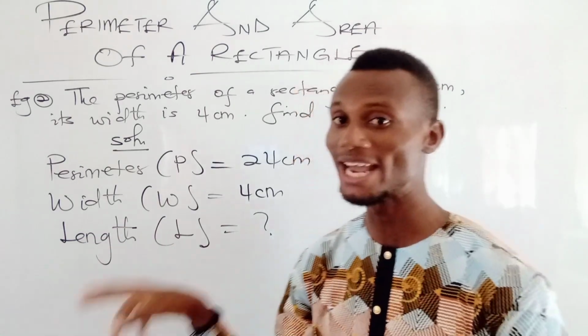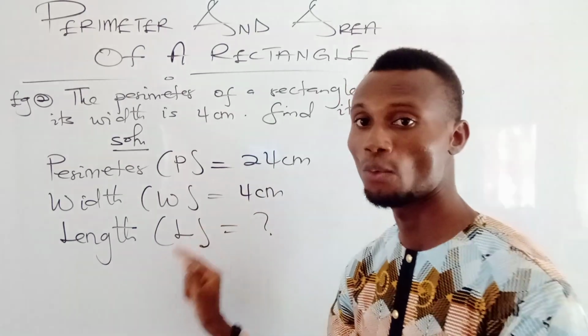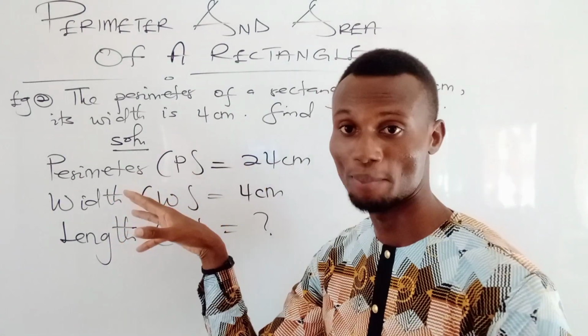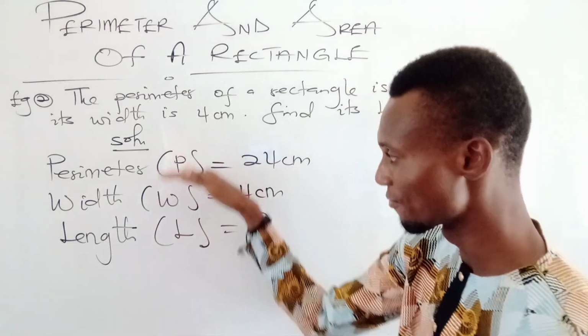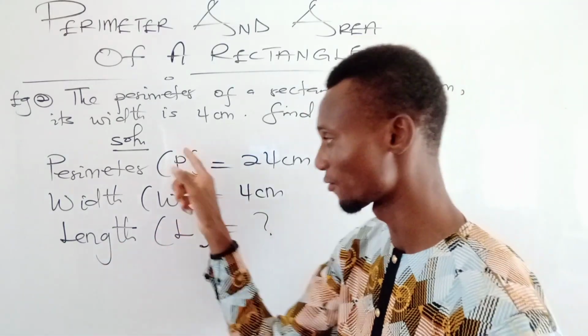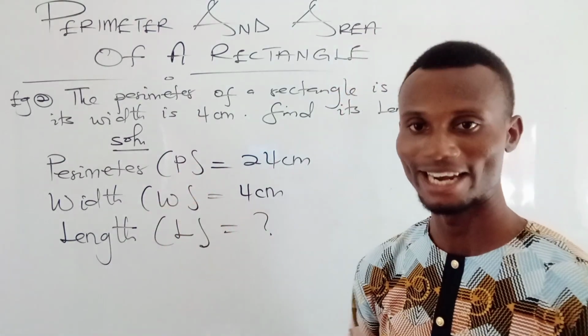So if you are being asked to find the length of the rectangle, which we don't know, it means you can get it from the perimeter. So we go to the perimeter and find the length from there.